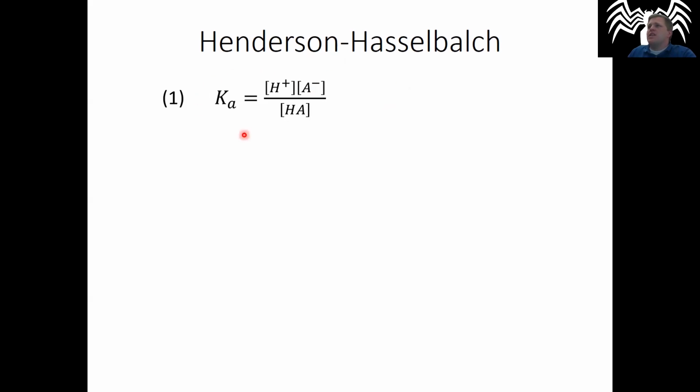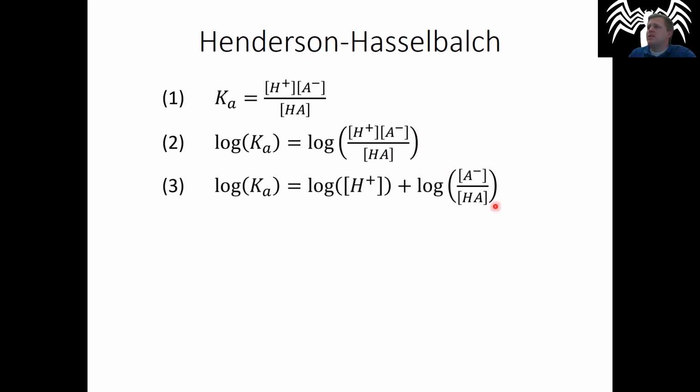Now, if we take the log of this whole thing, then on the left, we'll have the log of the Ka value, and on the right, we'll have the log of this ratio, where we have H+ times A- over HA. Now, if you know your log rules very well, you'll know that we can break up the right side into something that looks like this.